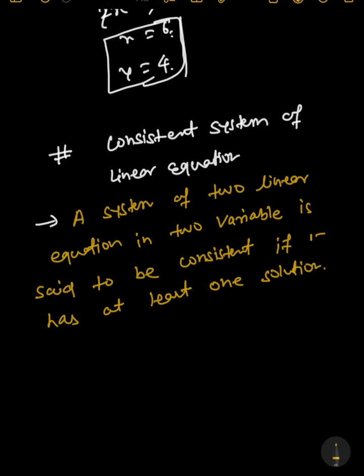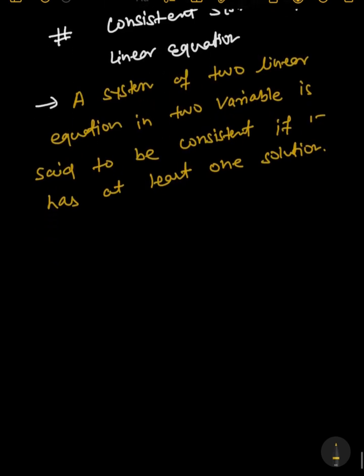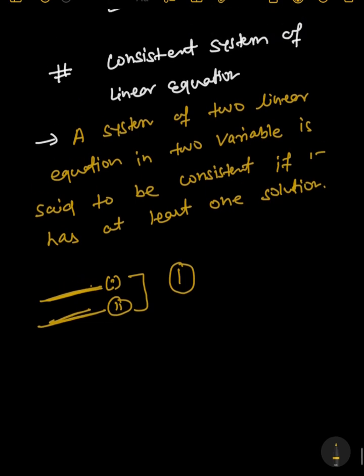Okay, means if two equations are given, first and second, and if this whole system has at least one solution, then we can call this a consistent system of linear equation.